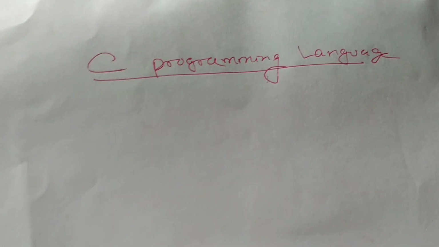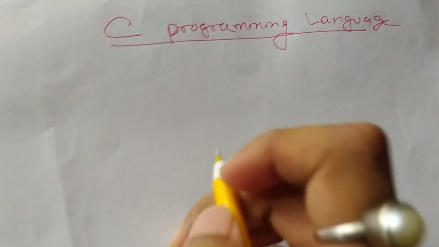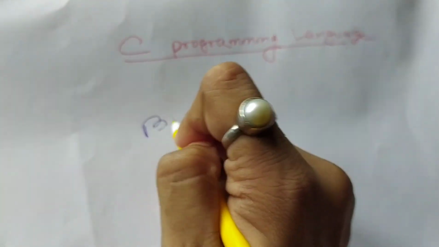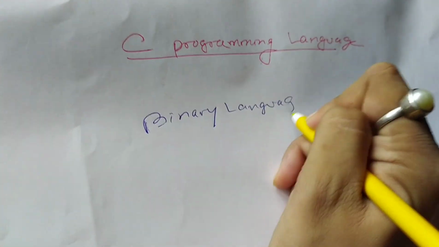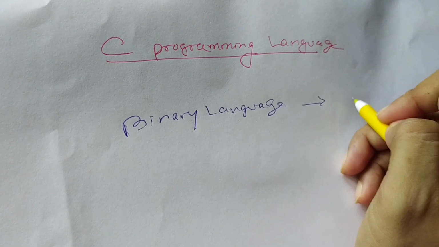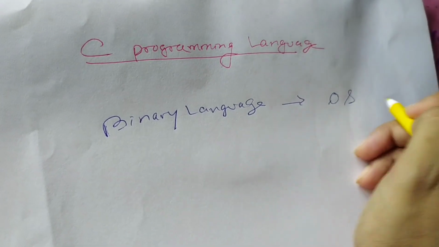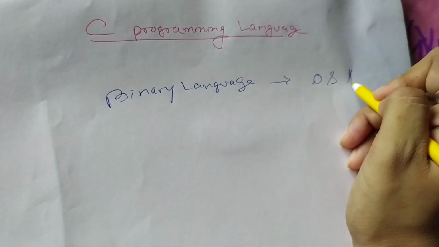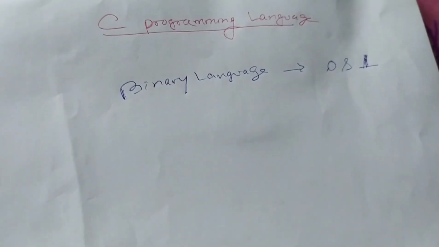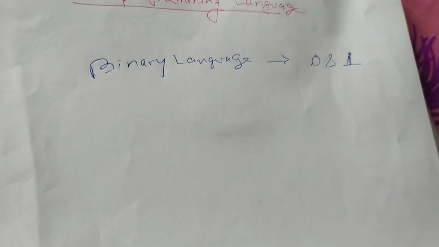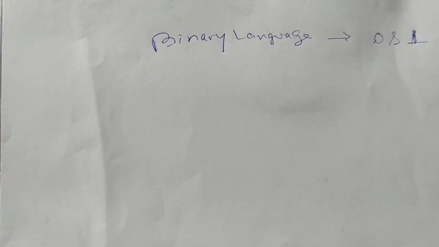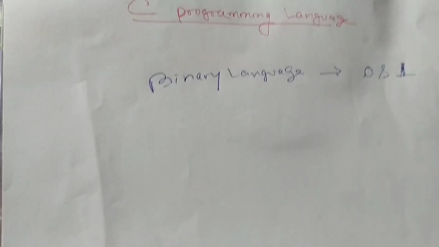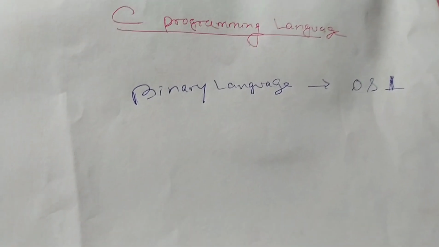It only understands binary language, that is 0 and 1. So there should be something that acts as an interface between the user and the computer. This requirement is fulfilled by a programming language.